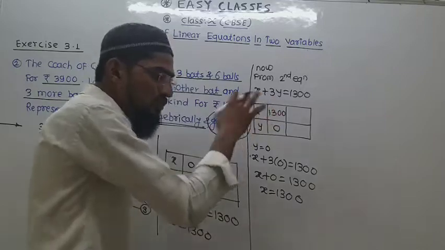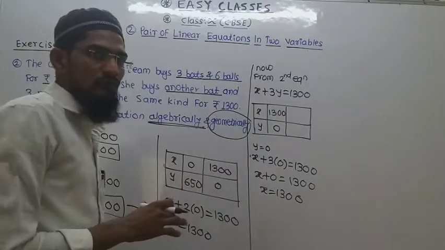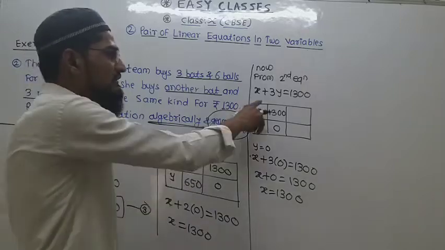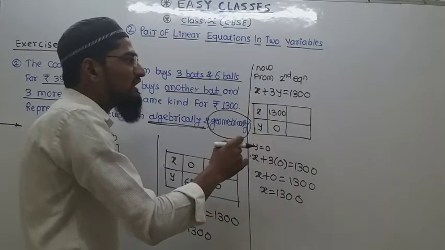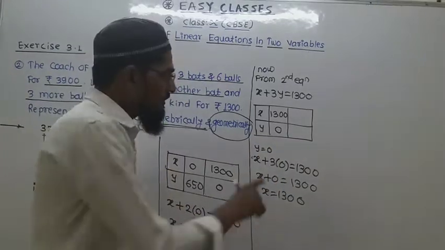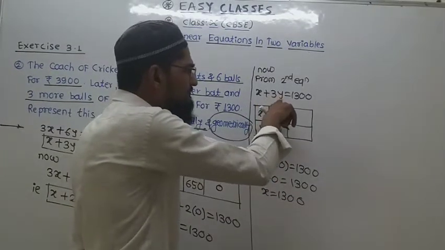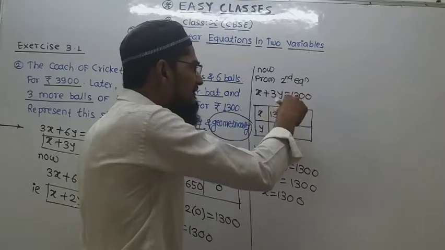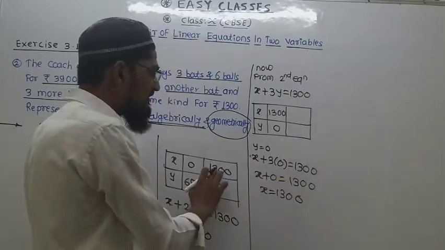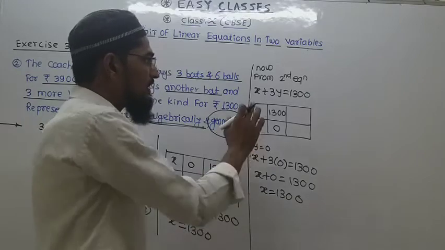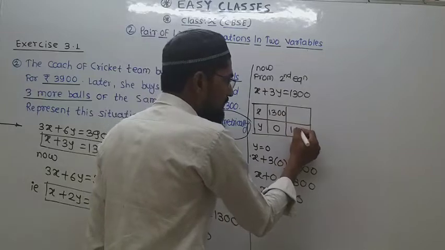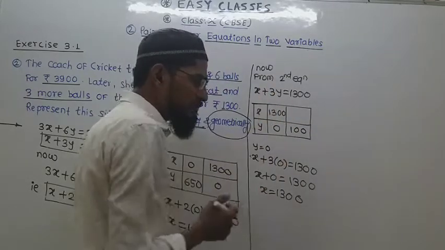But we have to draw a graph, so we can take any number, but the number should be convenient for drawing. Here we can take 50, 100, whatever, because we have 1300, 650. So for convenience, I take y is equal to 100. You can take 50 also.